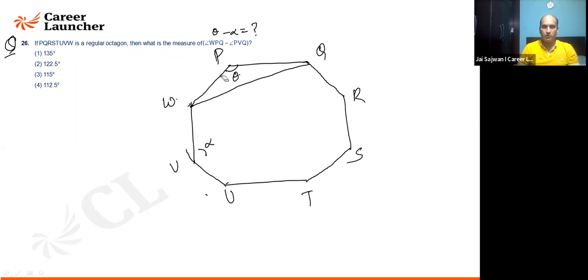Because WPQ is the angle that I want to find out. Whenever it is a regular octagon, it is 6 into 180 degrees upon 8. We just did it though. So this is 45 into 3, which is 135 degrees, the angle which is coming here. So theta is 135.